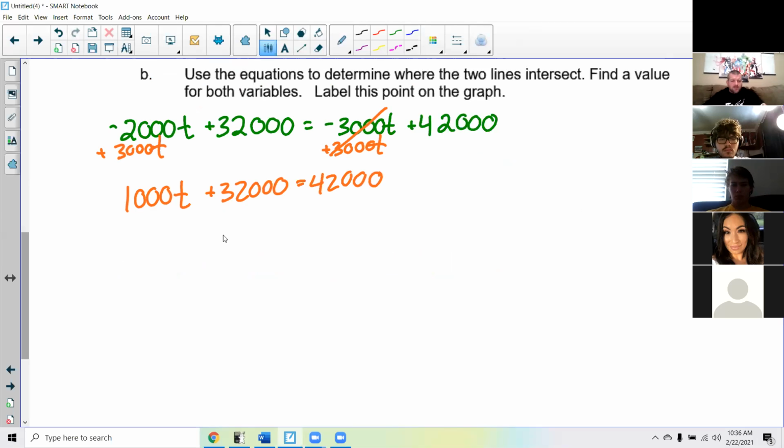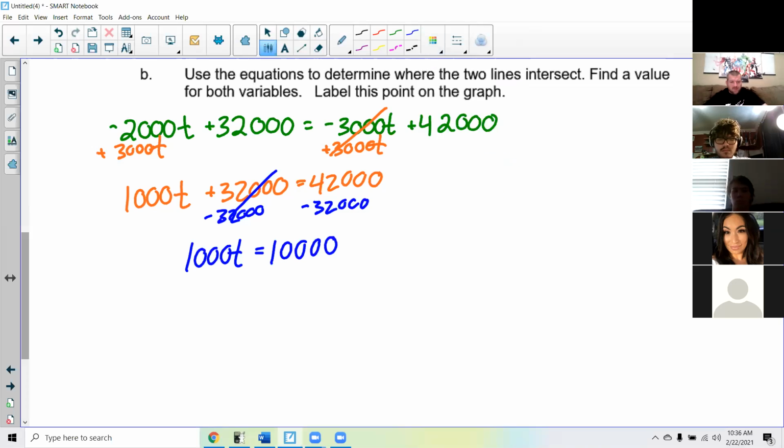Getting T by itself, I'm going to subtract 32,000 from both sides. 1,000 T equals 42,000 minus 32,000, which is 10,000. Divide both sides by 1,000, and you get T equals 10. So I only really solved half the problem. I figured out that in 10 years, the machines will have the same value. They'll be worth the same amount of money.